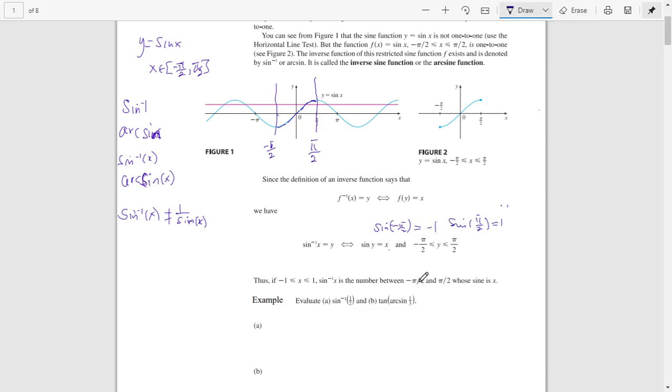So this tells me that the domain of inverse sine would be from negative 1 to 1, and the range is from negative pi over 2 to pi over 2.